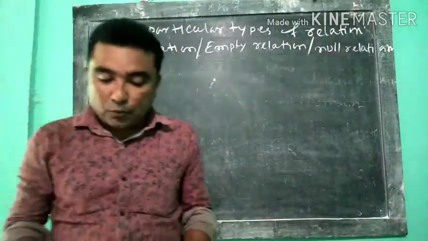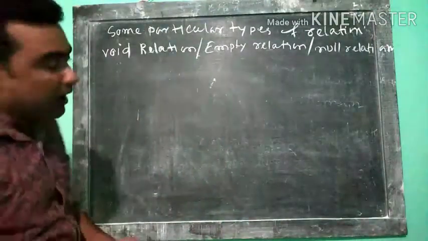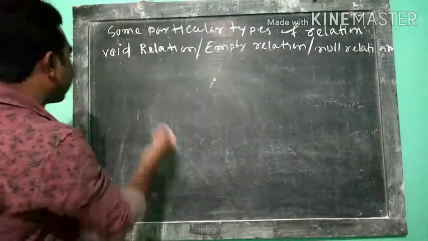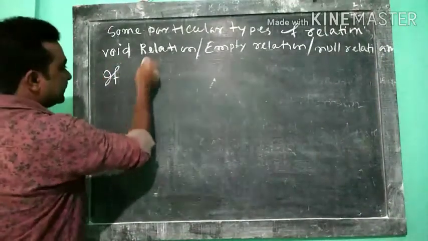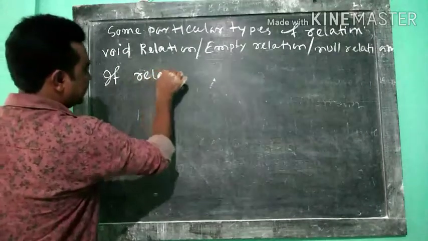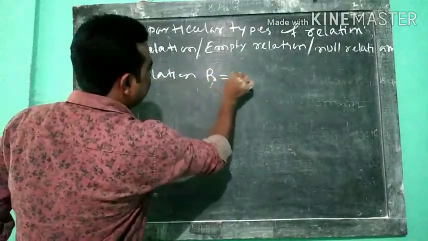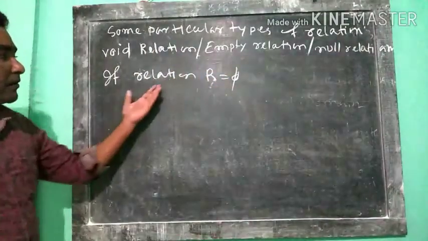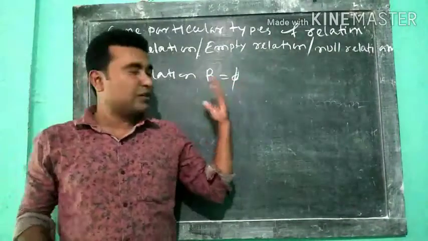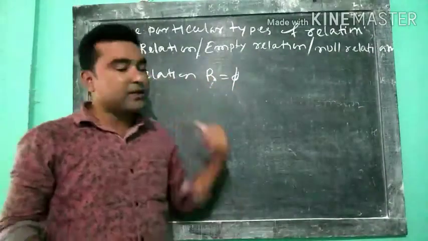So what is void relation? If R equals ∅, it is empty.